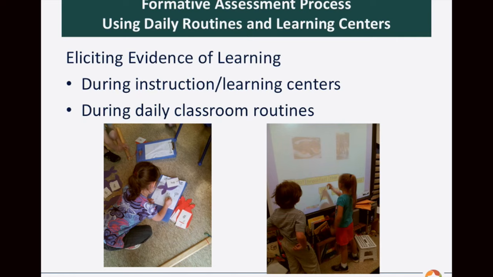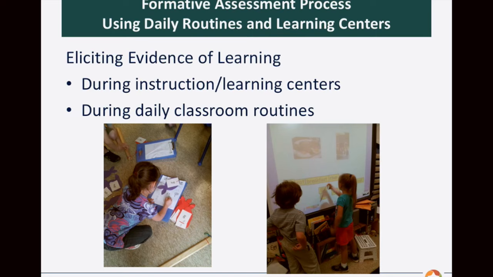self-selected tasks available. Another way teachers elicit evidence of learning is during daily routines. There are many routines which are common to kindergarten classrooms, from morning arrival to afternoon dismissal, and in between come routines related to large group times, small group instruction, preparing for lunch, cleanup time, and so forth.